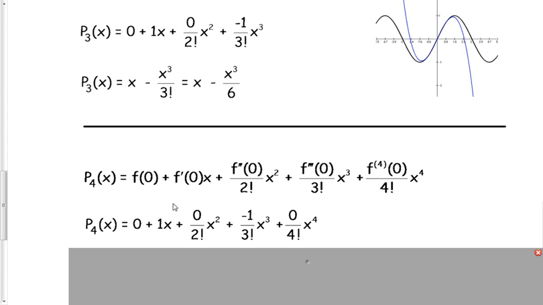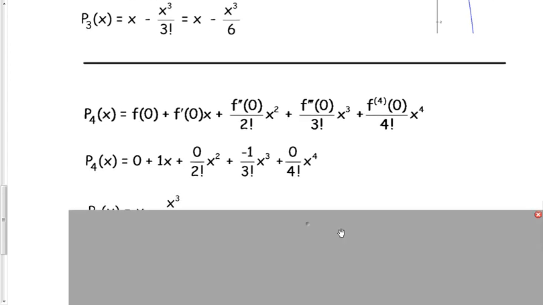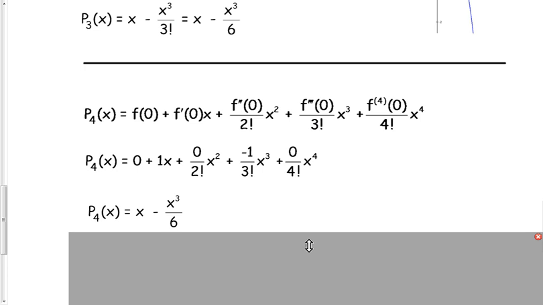So f of 0 is 0, f prime of 0 is 1, f double prime of 0 is 0, f triple prime of 0 is negative 1, and the fourth derivative evaluated at 0 is 0. And so in this case, and that's the reason I'm doing this, we actually end up with the same result we had a while ago, because for the fourth derivative, we got a 0. And so this isn't any different.